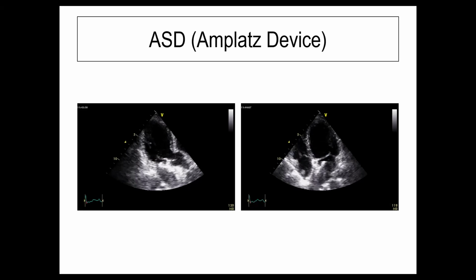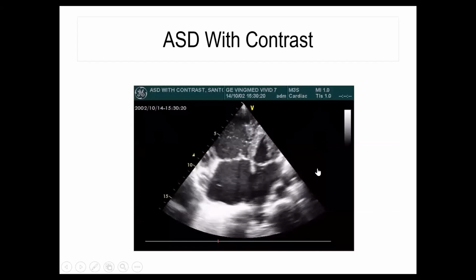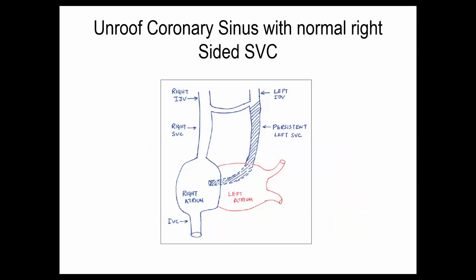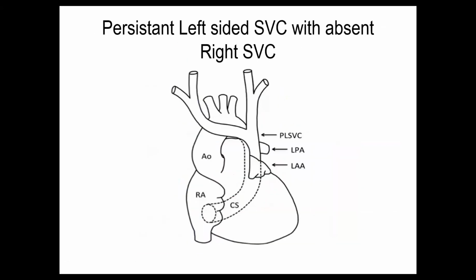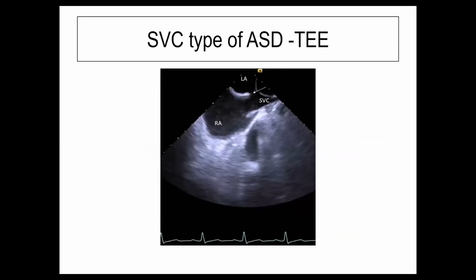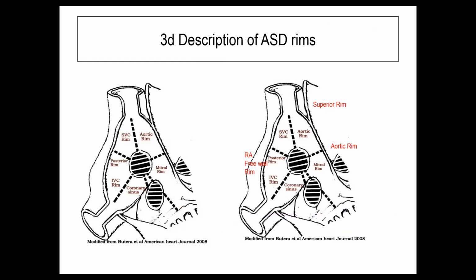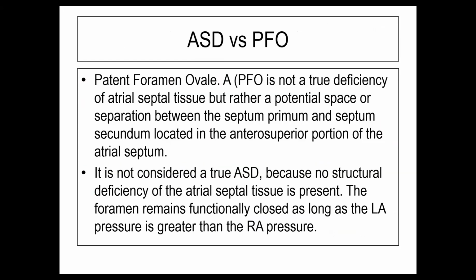Okay. This is not always the same thing which it looks like. This is a small device which hovers around over here itself. And in ASD, the majority of ASDs are closed by device, because 80% of ASDs are secundum ASDs.